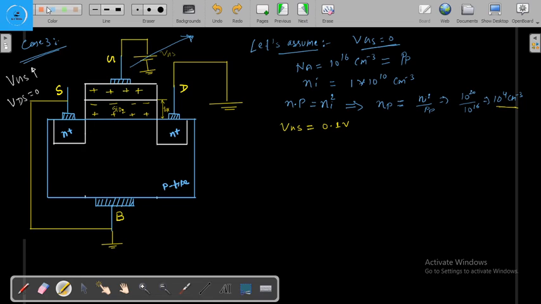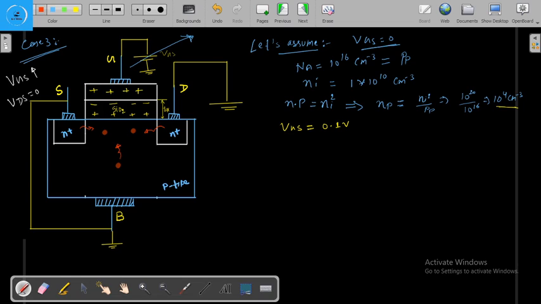This electron will come from the source and from the drain, because the source and the drain have a large amount of free electrons, and some electrons also come from this p type substrate.